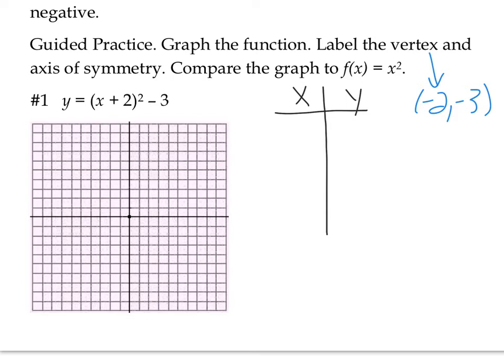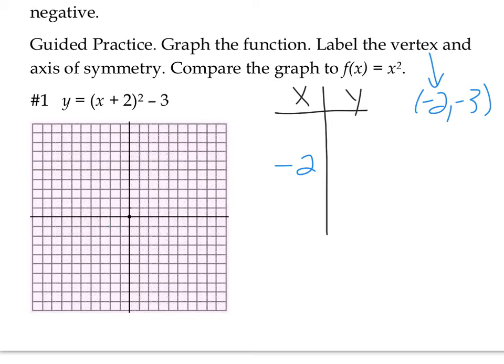That -2 is going to be the middle value in our table of values. And then we want to have two numbers on this side of x and two numbers on this side of x. If we're at -2 for the vertex, we want to have -3 and -4 and plug those in, and then on the other side, -1 and 0.